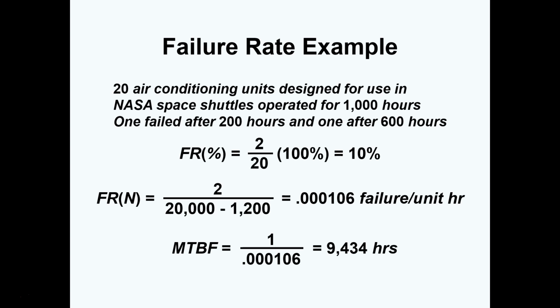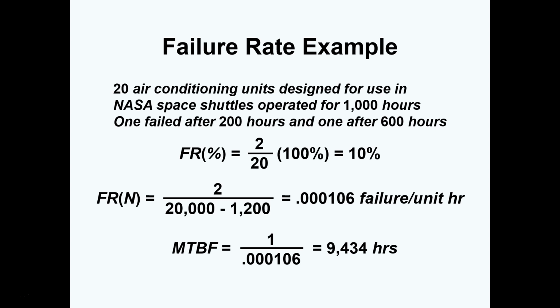And the mean time between failures will equal 1 over 0.00106, which will equal 9,434 hours. So we expect that the time from failure to failure will be 9,434 hours. That's what we expect from our calculation.